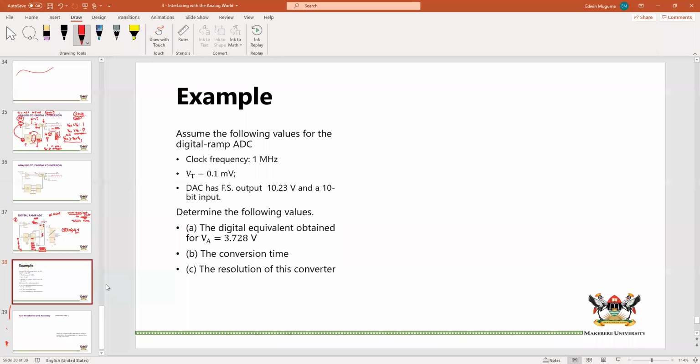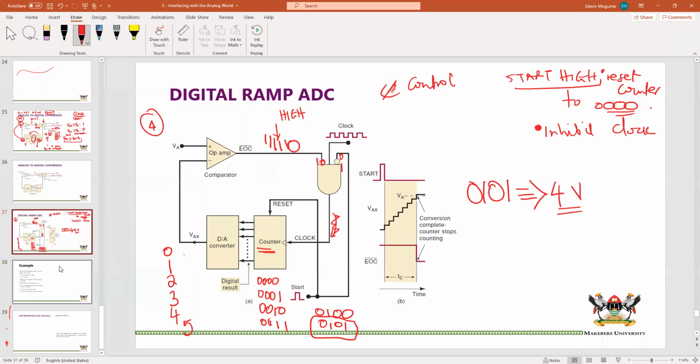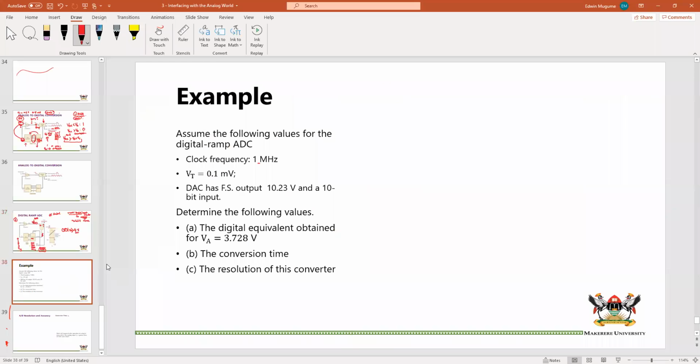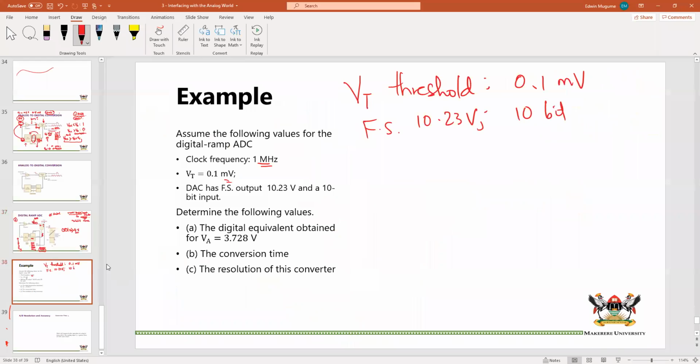Let us look at this example. We have this digital ramp that we have just looked at. The clock frequency is 1 megahertz. VT is the threshold. The voltage threshold is 0.1 millivolts. The full scale is 10.23 volts, and we have a 10-bit DAC.